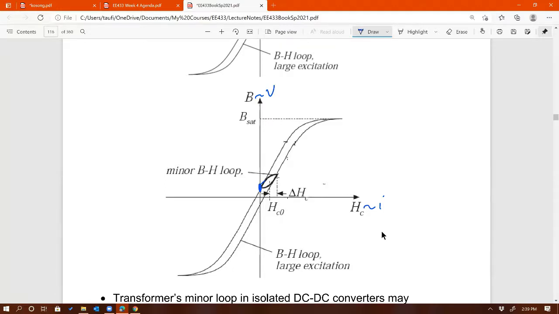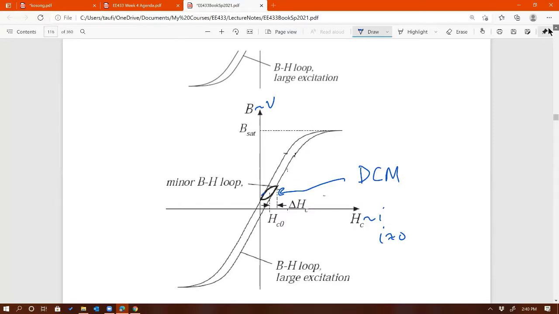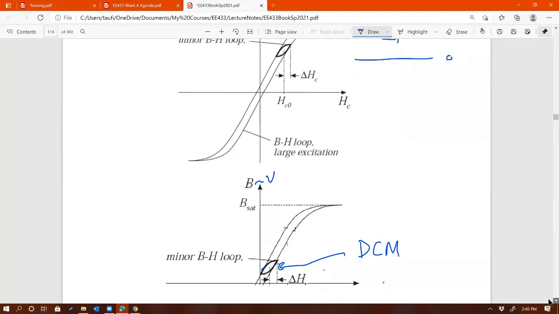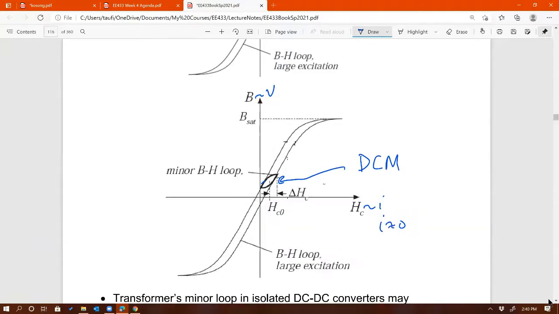It means that I goes to 0. So now I know that a minor loop presented by this picture must be coming from DCM, or BCM as well. So this one is actually BCM because you can see the area is the same as before.